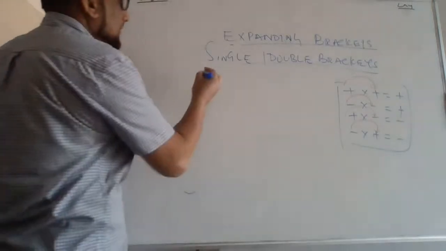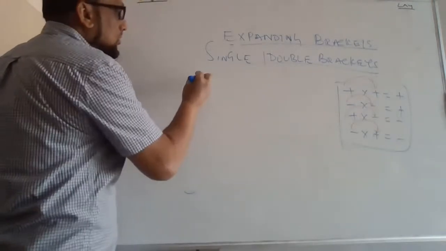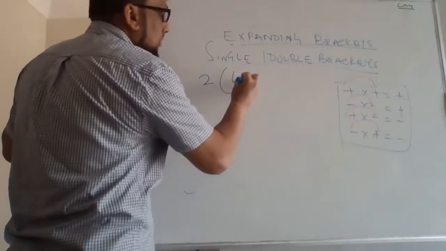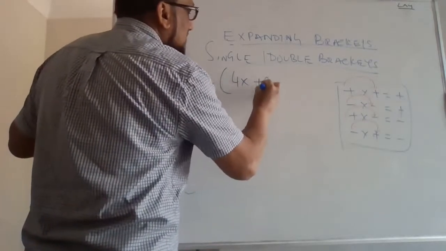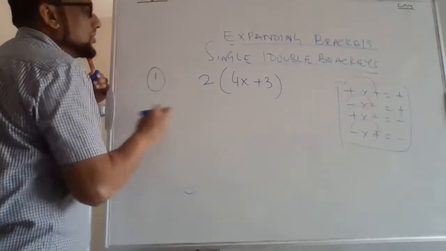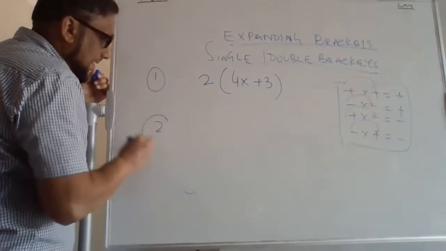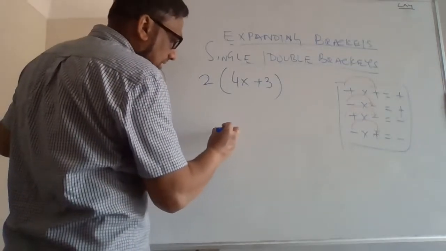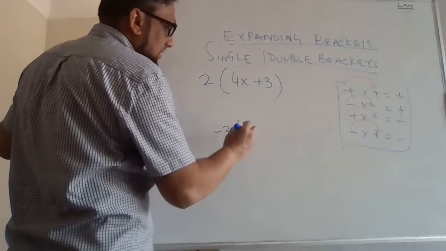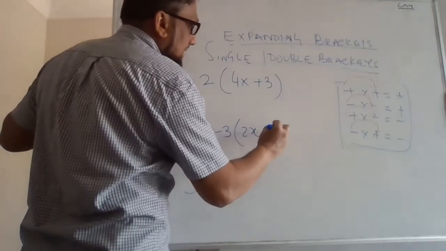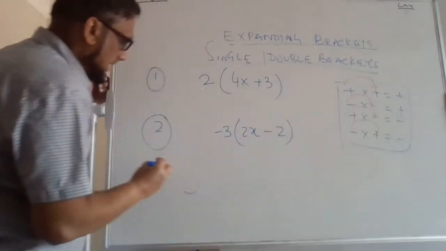So if I say 2 bracket 4x plus 3, this is the first example. Okay, so you try to solve this one. And the second one is minus 3 times 2x minus 2.